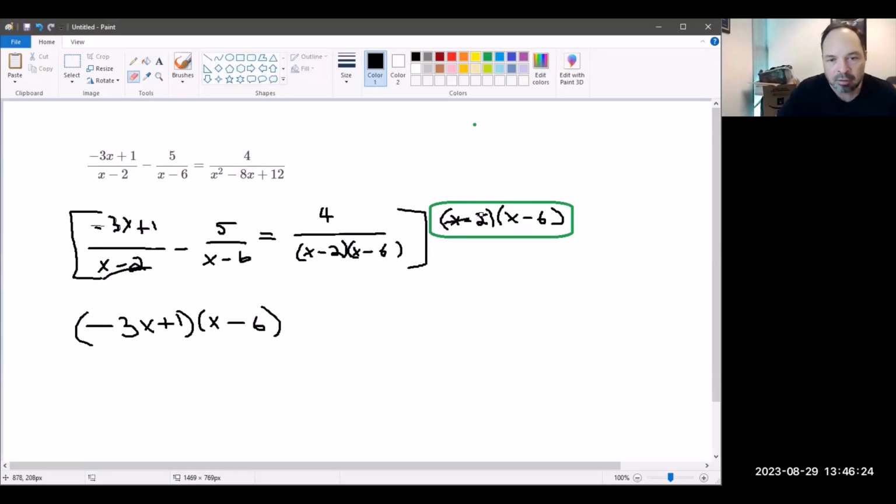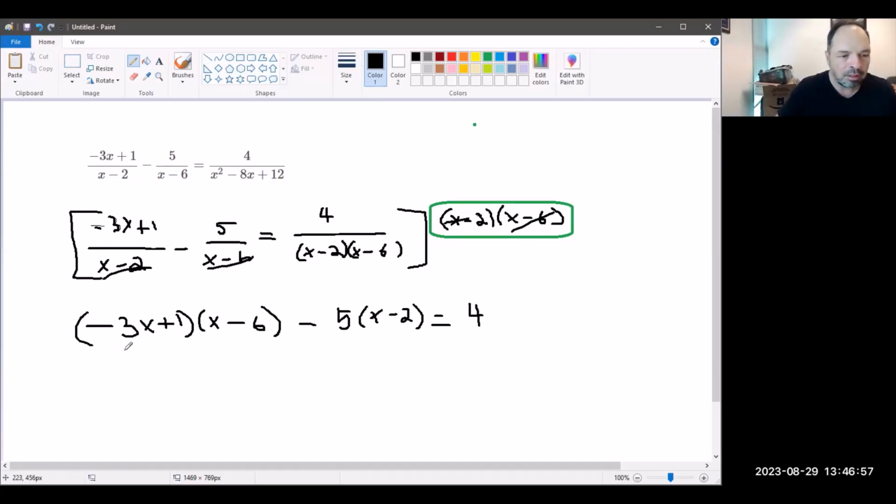Now, when I multiply by the second term, the x minus 6 is canceled in that case. So I'm left with 5 times x minus 2. And then when I multiply it by this last term, everything cancels. I'm simply left with a 4.